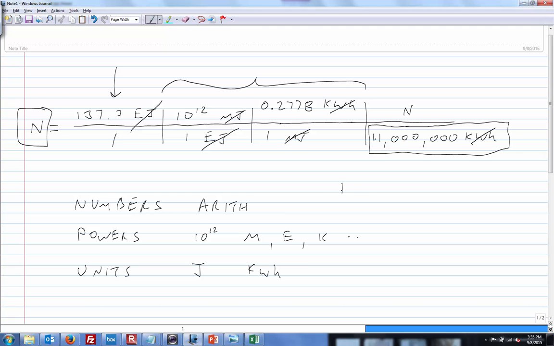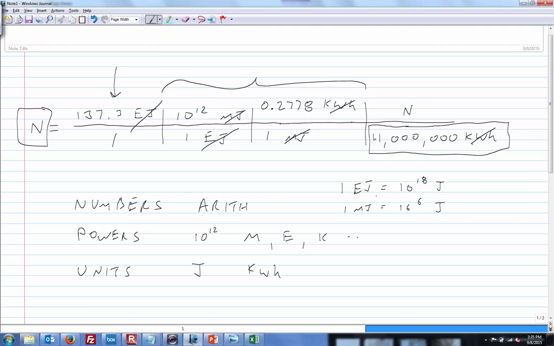So I've got 1 exajoule equals 10 to the 18th joules, right? That's right in there. 1 megajoule equals 10 to the 6th joules. So sorry, what 0 looks like a 6?